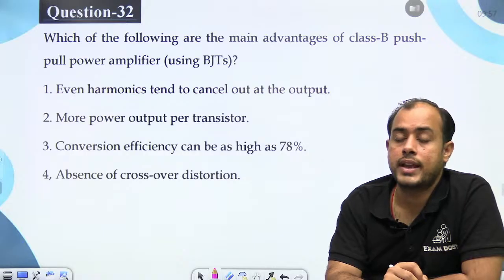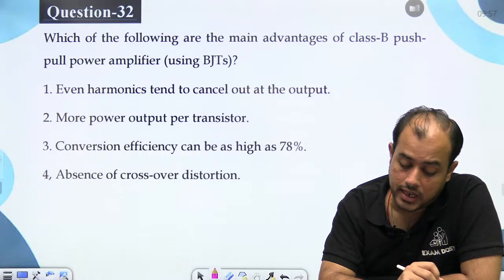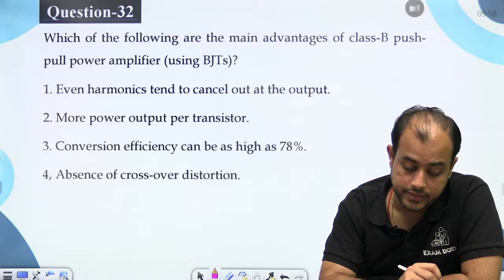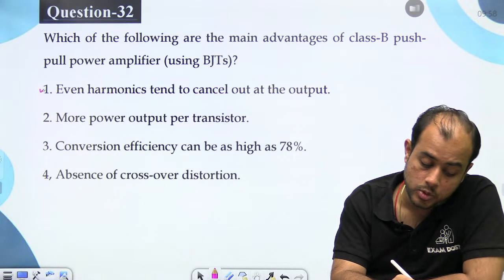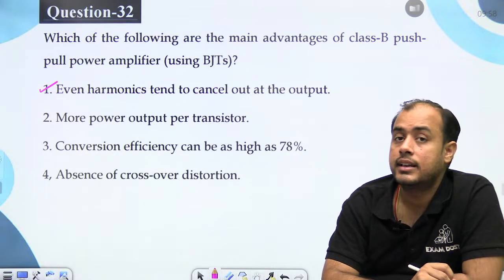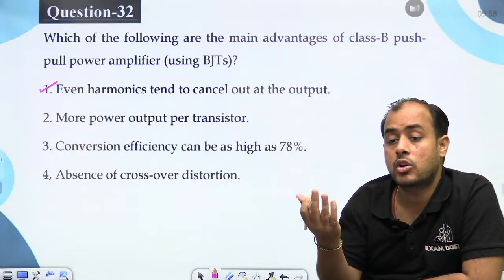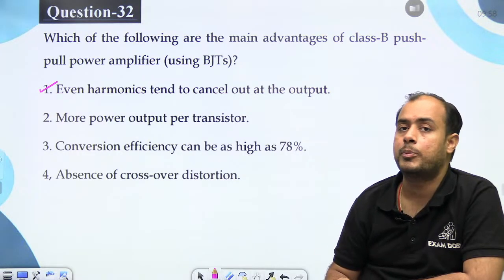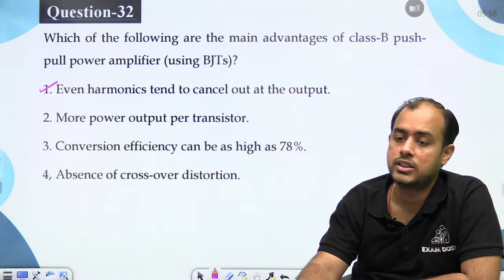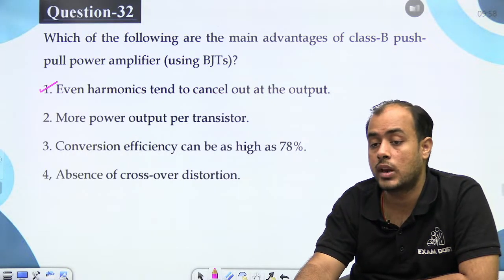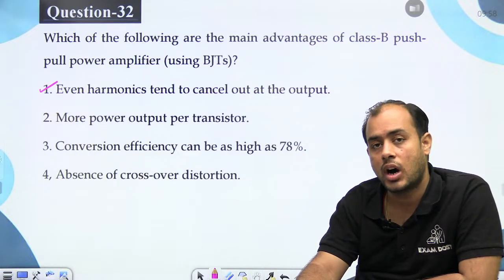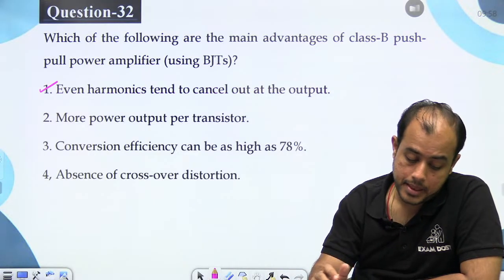Which of the following are the main advantages of class B push-pull amplifier? ESE 2007. Even harmonics tend to cancel out. क्यों cancel हो जाते हैं? Because both the transistors will generate equal and opposite harmonics. यहां दो ट्रांजिस्टर equal and opposite harmonic generate करेंगे तो harmonics will get cancelled.